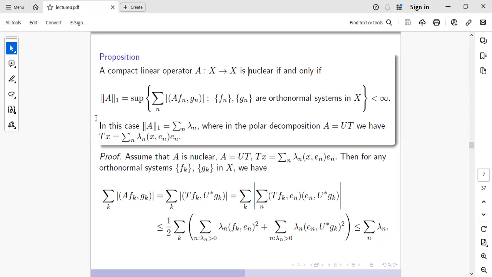So first, assume that A is nuclear, write its decomposition. Then if we consider two orthonormal systems f_k and g_k, write this sum of inner products as a sum of inner products of T f_k and U star g_k.